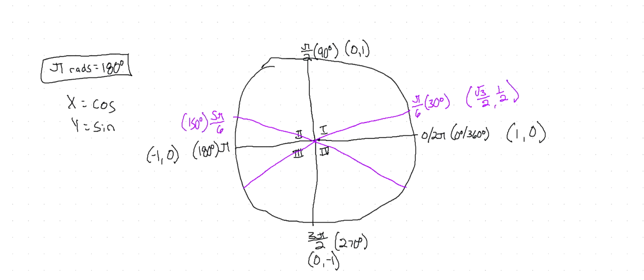And notice always that the bigger gaps, so going between the black and the purple lines, are equivalent to 30 degrees or pi over 6 radians. And at 150 degrees, our point is negative square root of 3 over 2, 1/2.